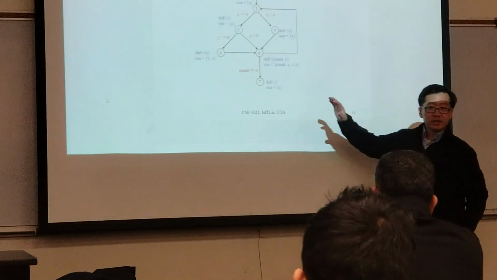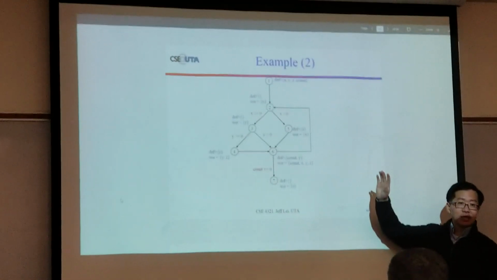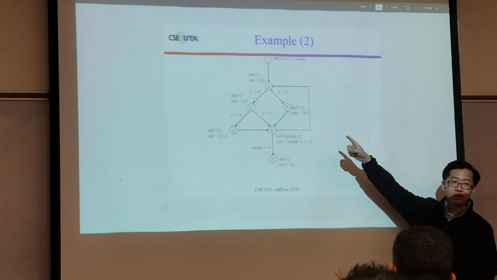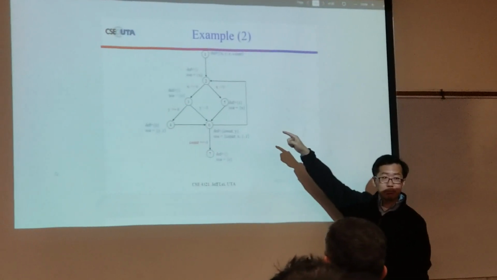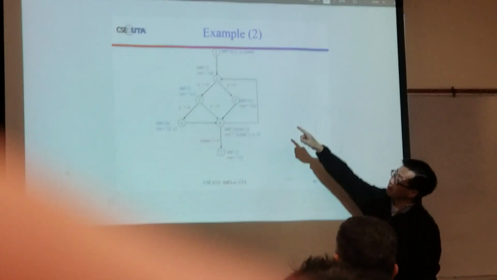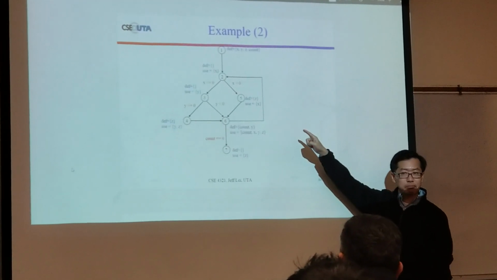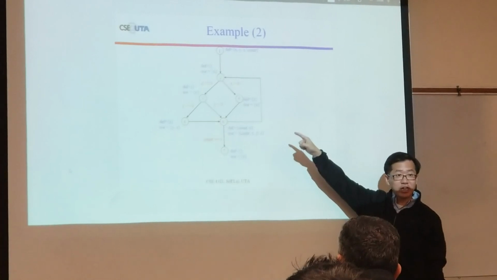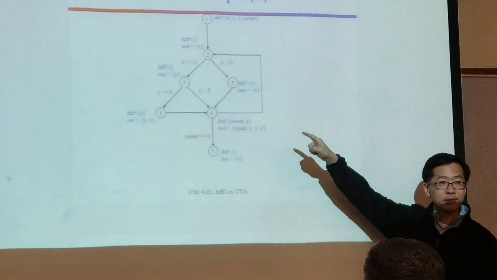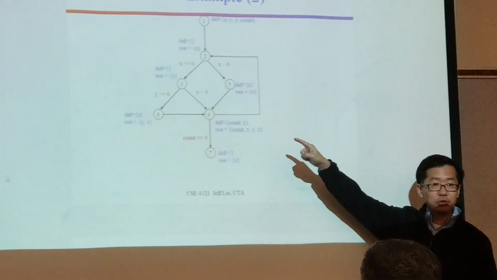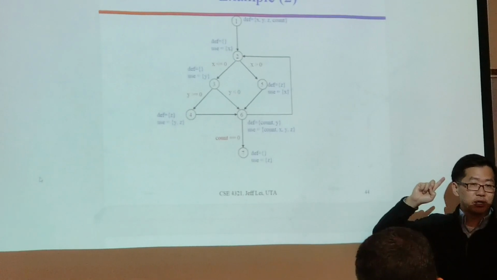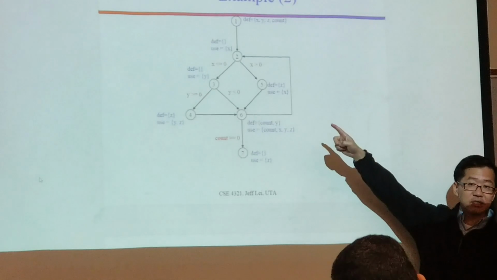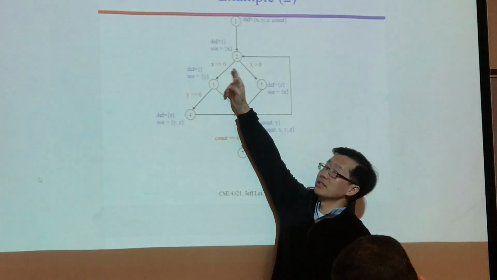To simplify the discussion, I have annotated the def set and the use set on the branching node. Like in this example, node Q is a branching node. I have annotated that node. But what people typically do is that for p-use, for practical use, you could also add the use set on the two edges.